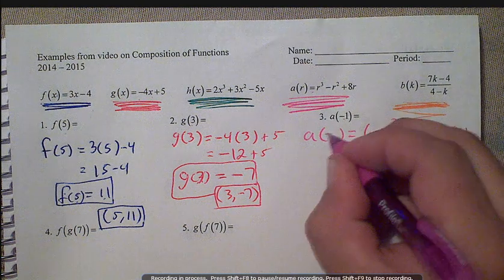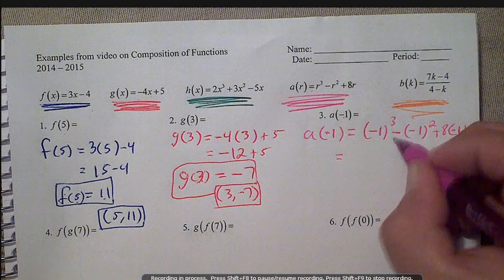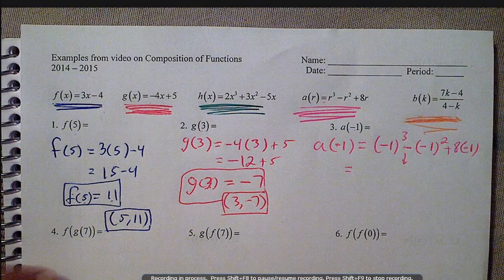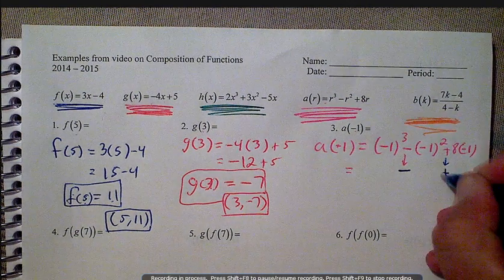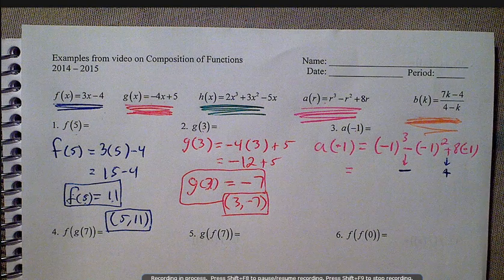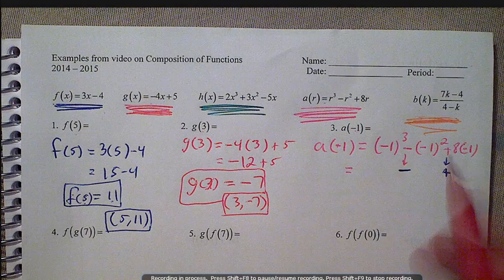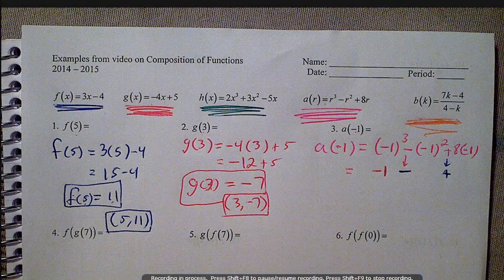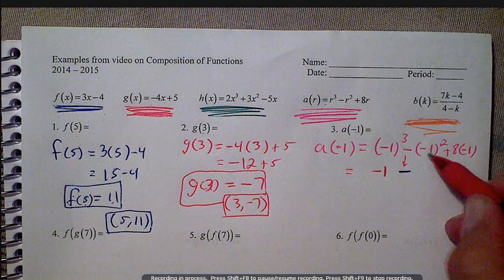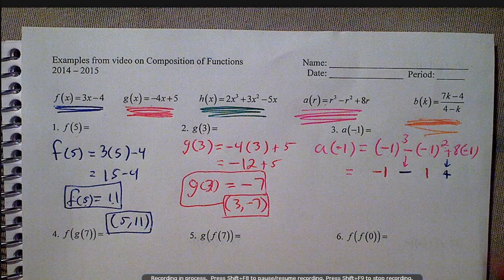Okay, so now I'm going to do these individually. These minus signs here I'm going to keep. This plus sign I'll keep. Just showing that you do each of the numbers individually between plus and minus. So negative 1 cubed is negative 1. Negative 1 squared is positive 1. And then 8 times negative 1 is negative 8.